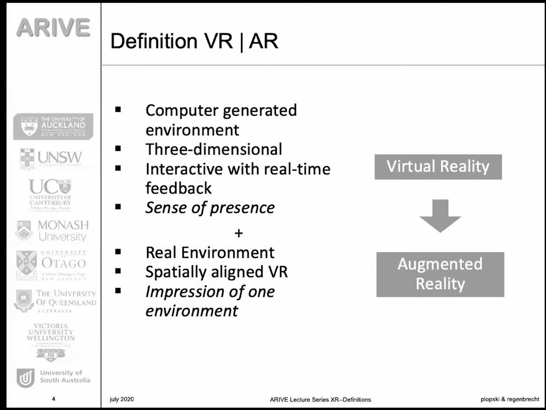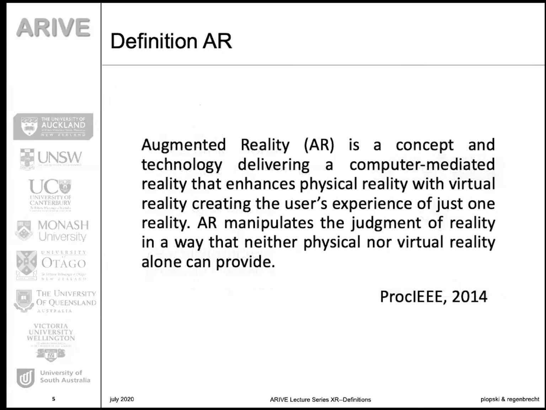So we create an impression that the computer graphics and the real world are one single environment. And we can see this definition has been the same throughout the years. So here is an opinion by Mark Bolas that AR brings reality back to virtual reality. And also here is the definition according to IEEE, that augmented reality is a concept of technology delivering a computer-mediated reality that enhances physical reality with virtual reality, creating the user's experience of just one reality.